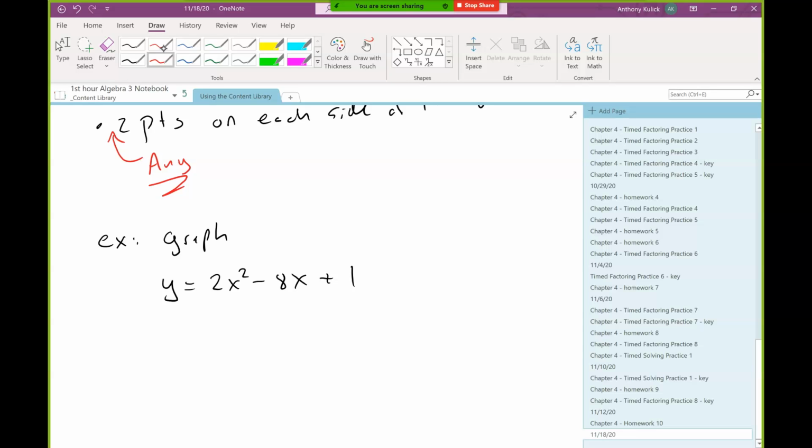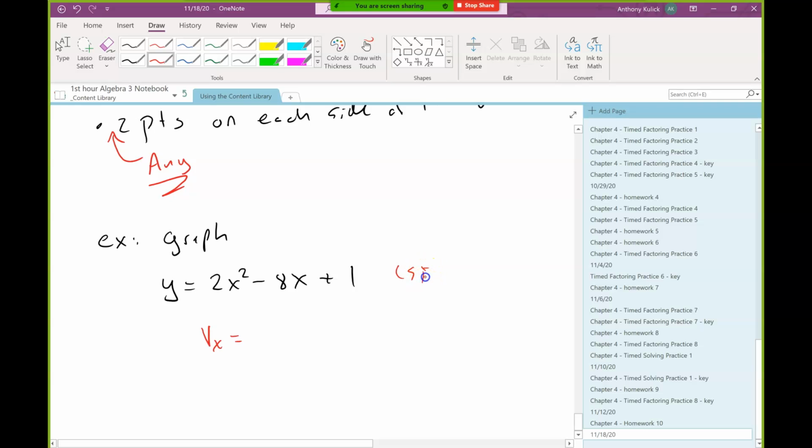So let's say we want to graph y equals 2x squared minus 8x plus 1. We'll start by finding the x-coordinate for the vertex, so I'm going to write that as Vx. And remember, the x-coordinate for the vertex is found the same way as the axis of symmetry.